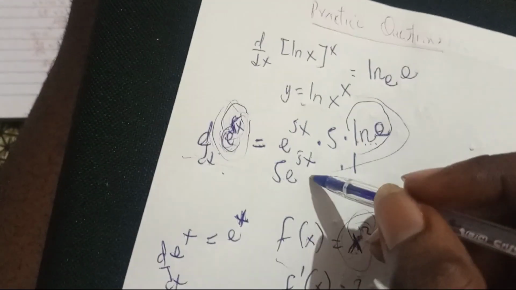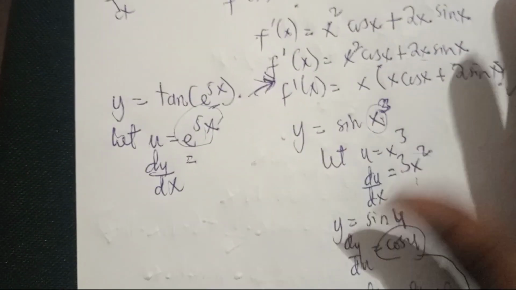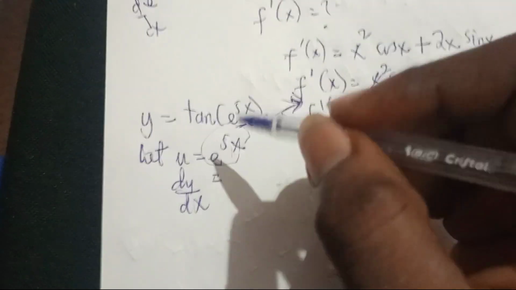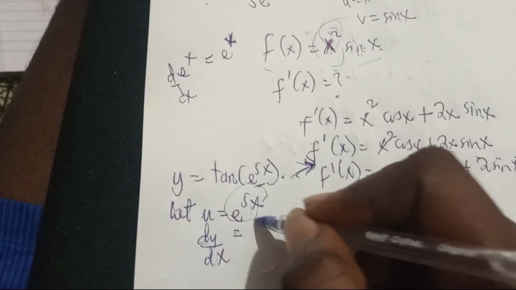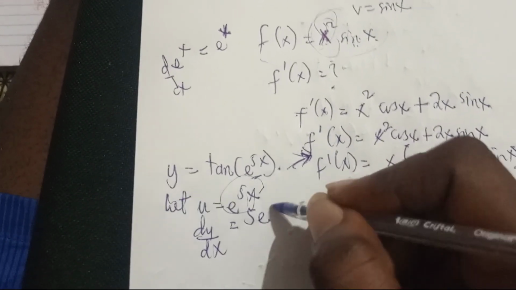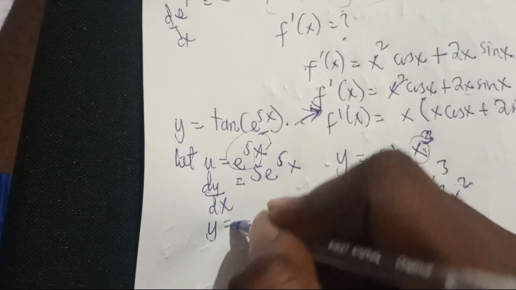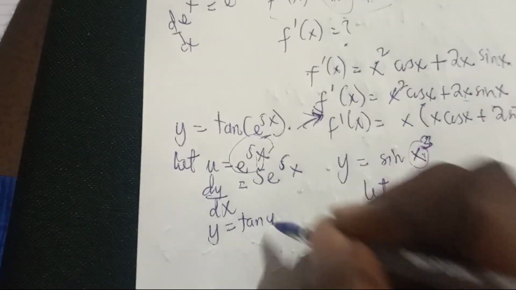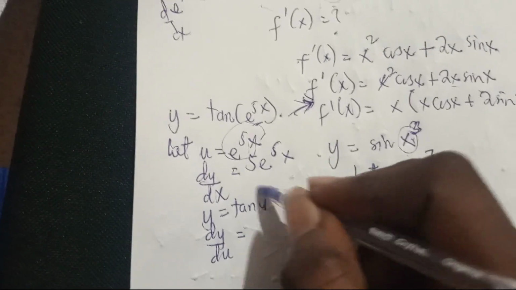We will try more questions on that. So when we come back to this problem, if we differentiate e to the power 5x, that's going to give us 5e to the power 5x. Then now we have y is equal to tan u. If you differentiate tan u, what are you going to get?